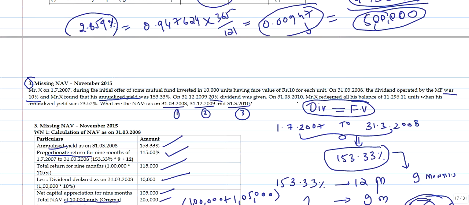On 31st March 2010, Mr. X redeemed all his balance of 11,296.11 units. So from 10,487 units it came up to 11,296 because of this year. This is next year's, right? 2010. What about the 2009 units? We have to calculate.